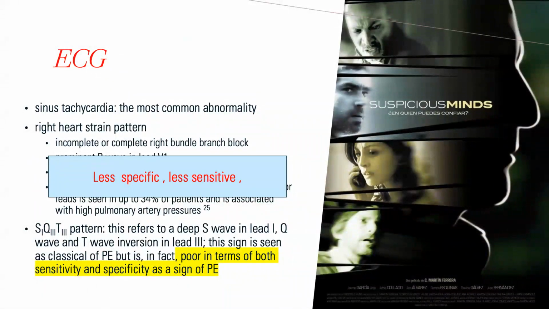But very important, the most common sign of RV failure is sinus tachycardia. Not new-onset AFib, although it is common. Not signs of RV strain, although they are common. Not S1, Q3, T3, because it is a very common question in the board exam.